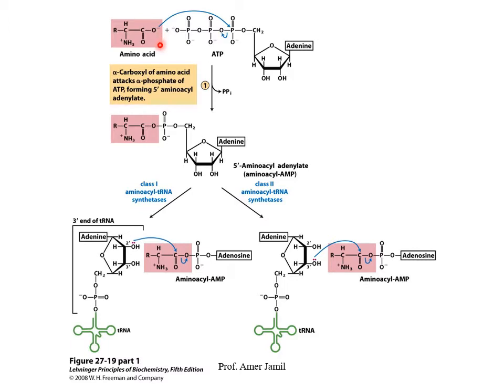So there is an attack of oxygen at this phosphorus, and pyrophosphate is released, and this adenosine monophosphate is added to the carboxyl group of the amino acid, and it becomes aminoacyl adenylate.